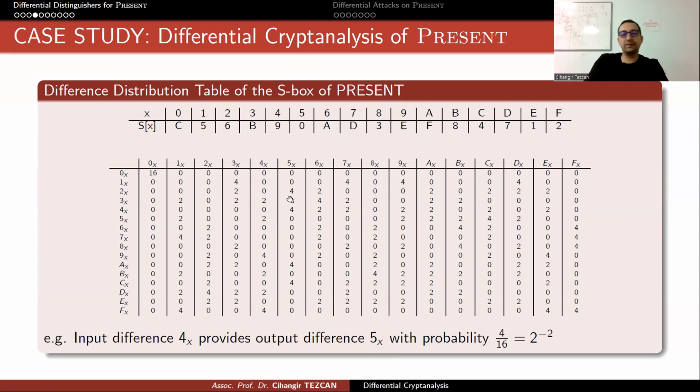Okay, so this means that out of 16 possibilities, in 4 of them you will observe this difference. So this also means that if your S-box input difference is 4, the output difference will be 5 with probability equal to 4 over 16, which is 1 over 2 to the 2, or in other words, 2 to the minus 2.